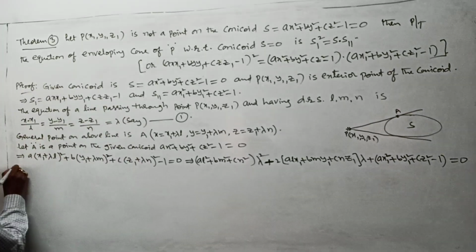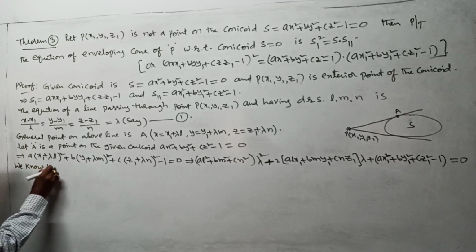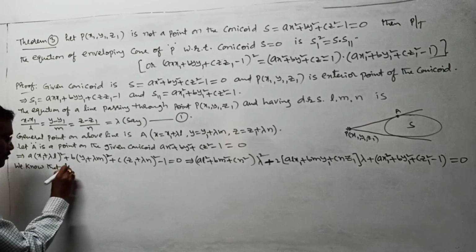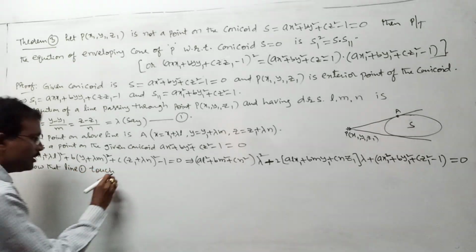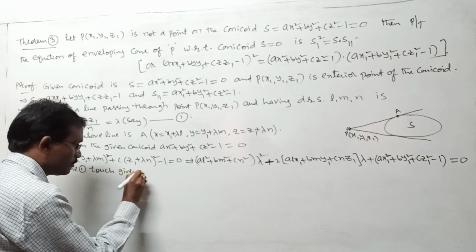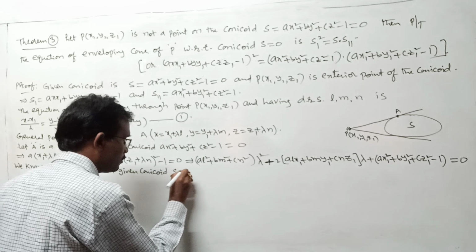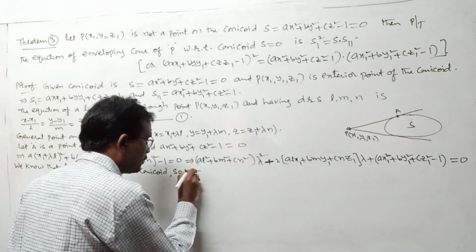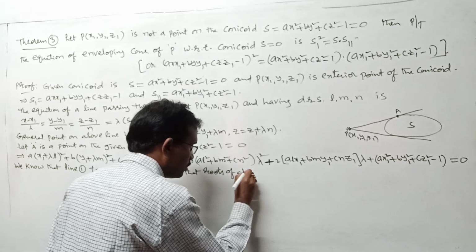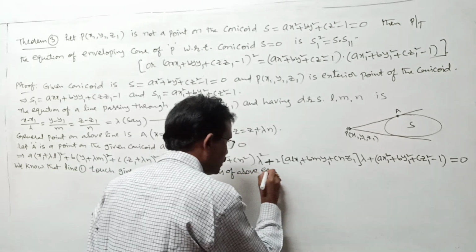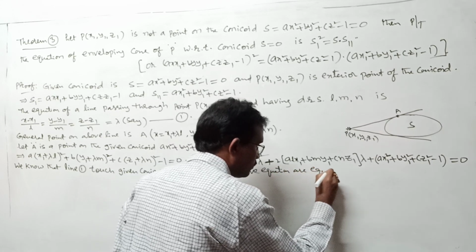We know that the line, equation 1, touches the given conicoid, so that the roots of the above equation are equal.